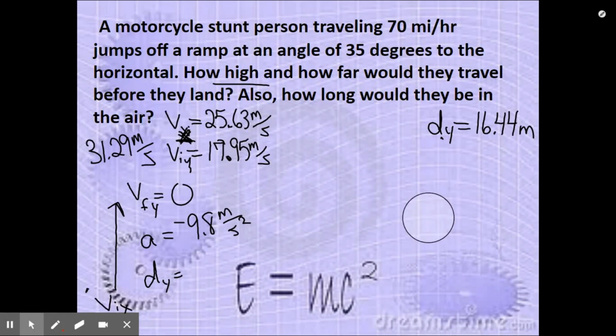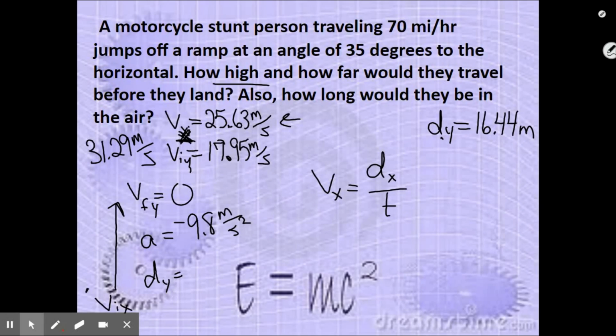Well, to know how far it goes, we really need to know how long it's going to be in the air total, because how far it goes is going to be dependent on the Vx. And so since we aren't accelerating, Vx is going to equal dx over t.